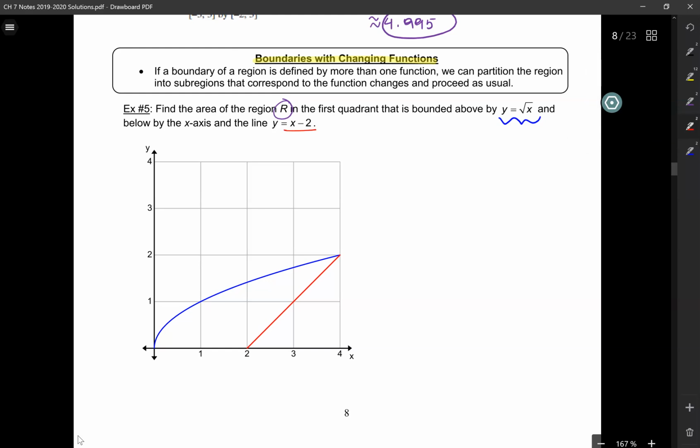So this is the region here, right? Above the whole time, it's the blue y equals root x. But on the bottom, you have 2 regions. In the first case, until here, the bottom of the region is what?